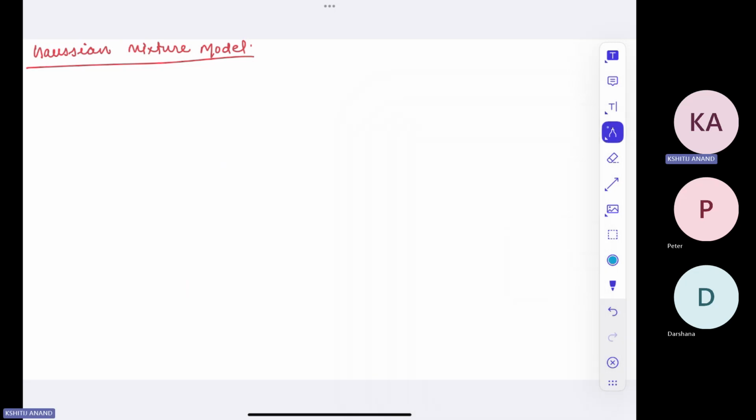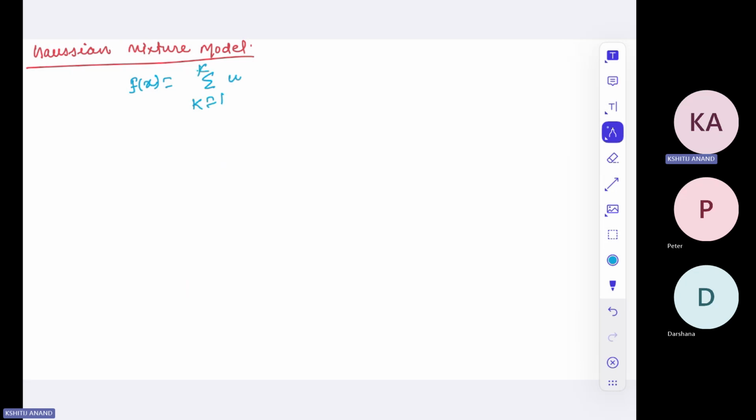What I said is that a Gaussian mixture takes multiple normal distributions. Let us say we have k components in total.